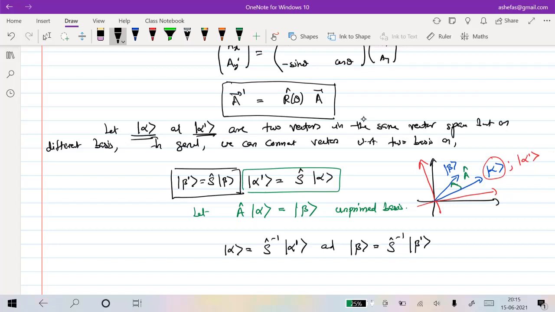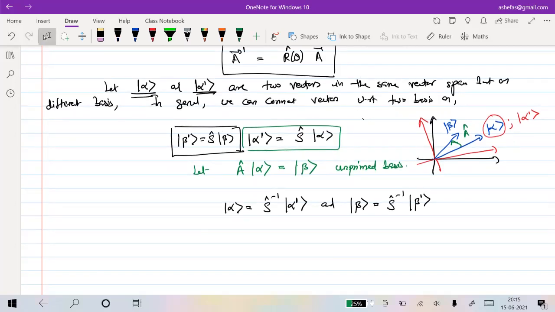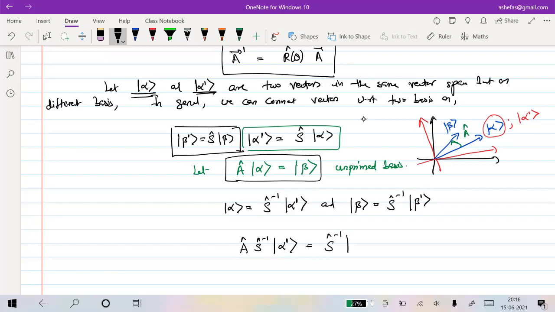The S is a transformation operator. Since this is the case, I can rewrite our original operator equation: A times vector alpha, where alpha is S inverse of alpha prime, and vector beta is S inverse of beta prime.